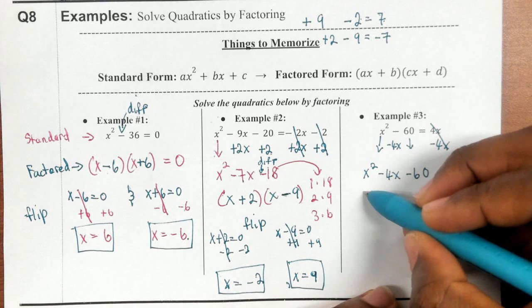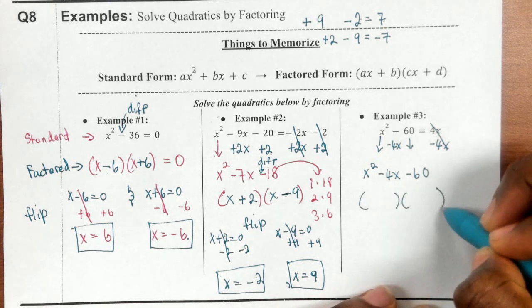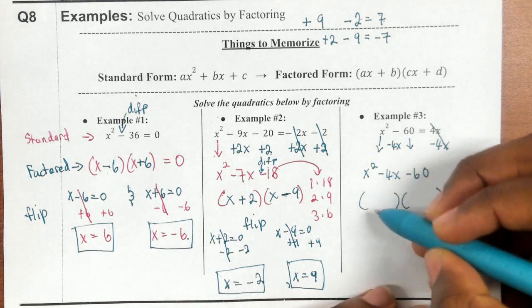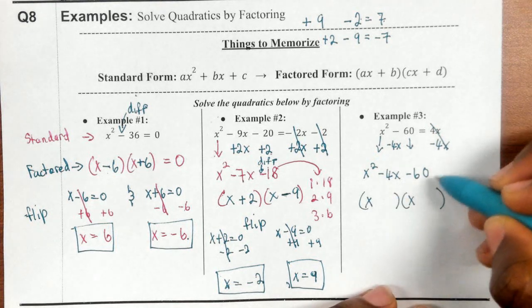So now I'm going to write factored form, which is 2 pairs of parentheses. Okay, to get an x squared, I need an x and an x.